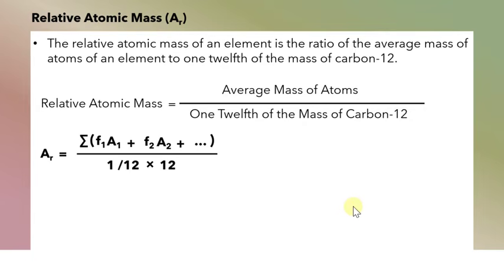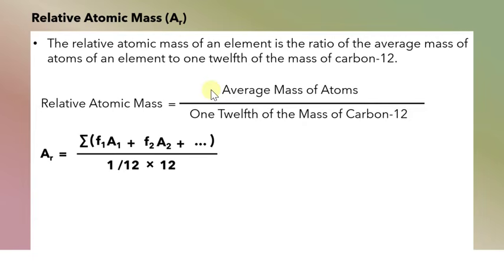Now remember, this 12 and this 12 can cancel. So this is 1/12 of the 12 of carbon 12. All right. It could be that this formula may not have full information. The relative atomic mass of an element is the ratio of the average mass of an element relative to 1/12 of the mass of carbon 12.